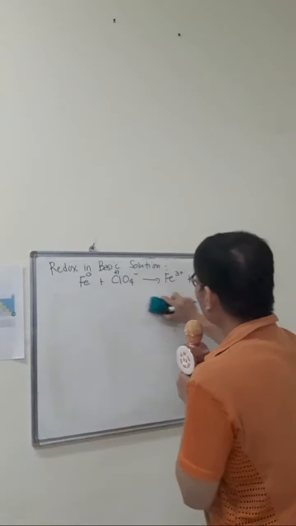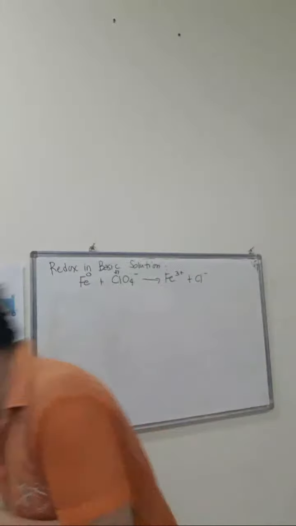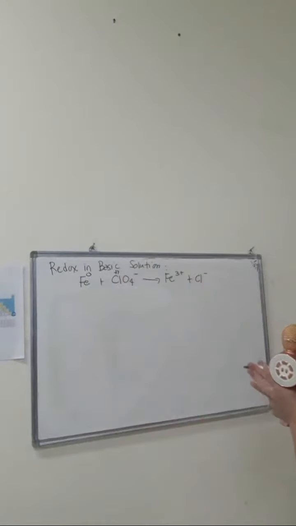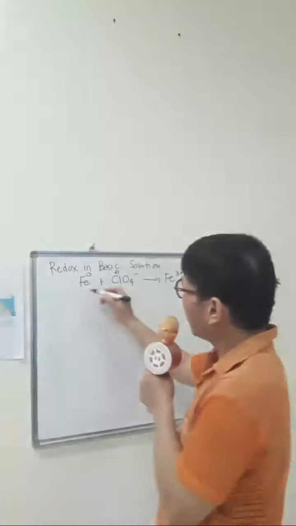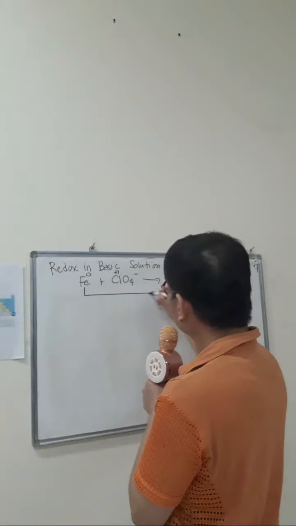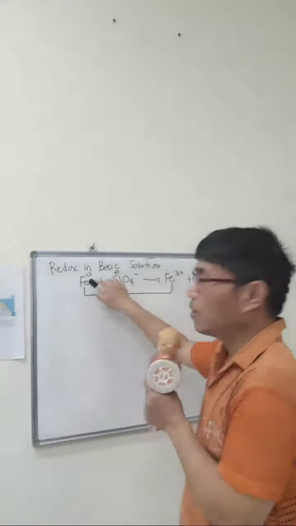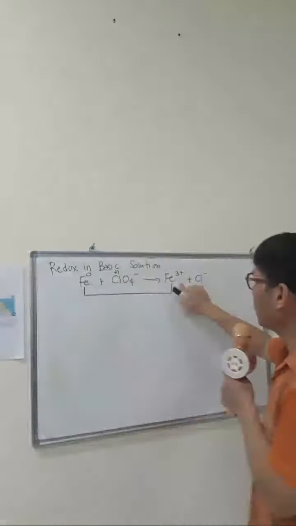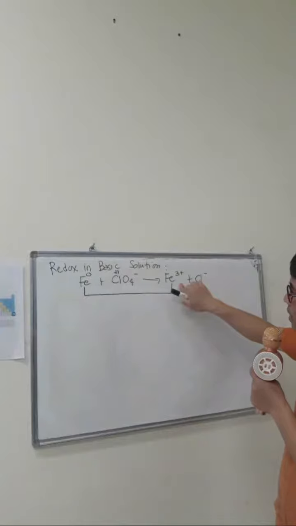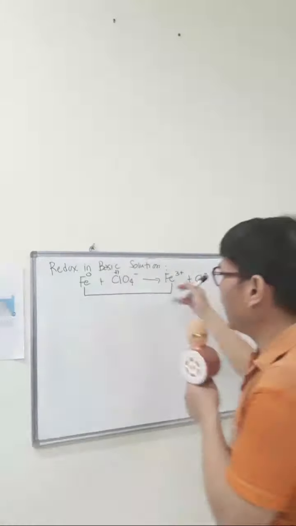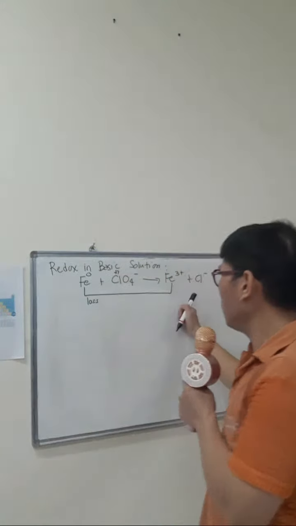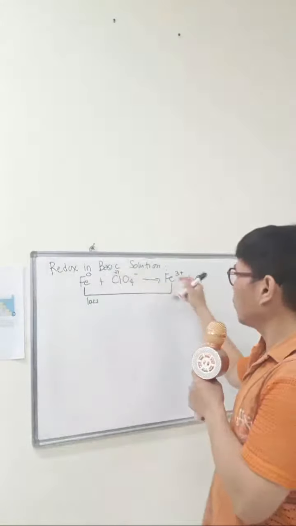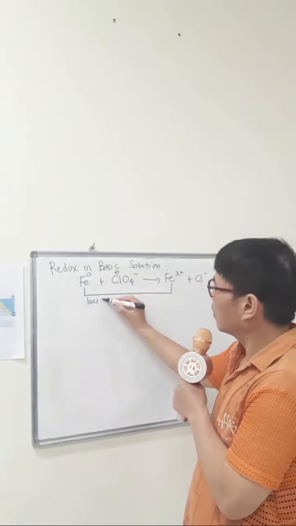Now, we're going to assign if it is oxidation or reduction. So first, iron, from an oxidation state of 0 to 3 plus, this is an increase in oxidation number, meaning a loss of electrons. How many electrons are lost? From 0 to 3, so 3 electrons.